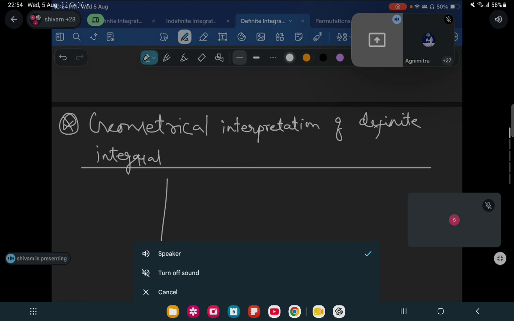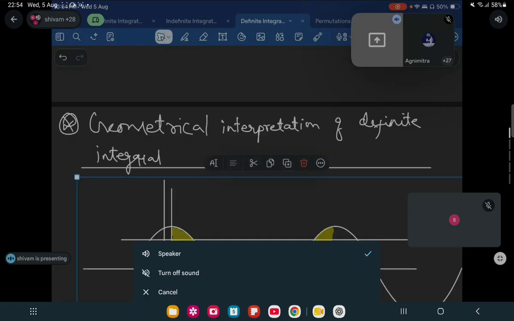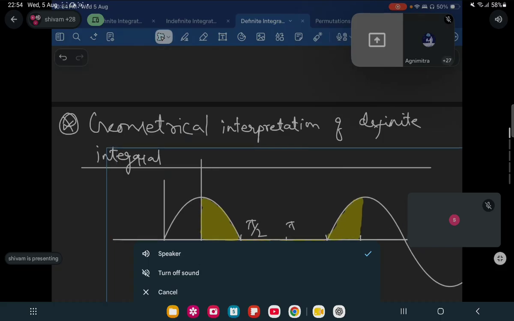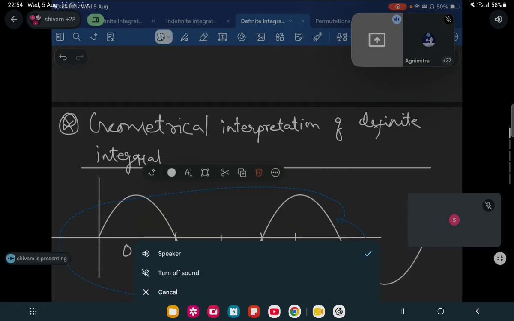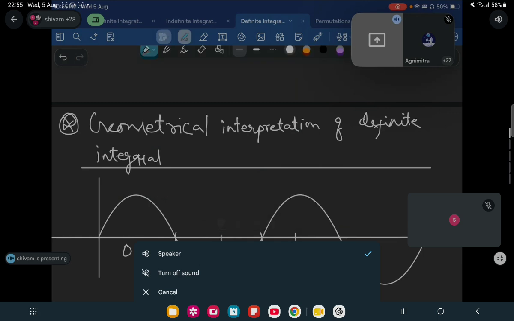So let us say a curve is given to you, and you are supposed to find out the area of this curve. Now you already know that the definite integral will give us the net area. It will not give us the total area, it will give us the net area.